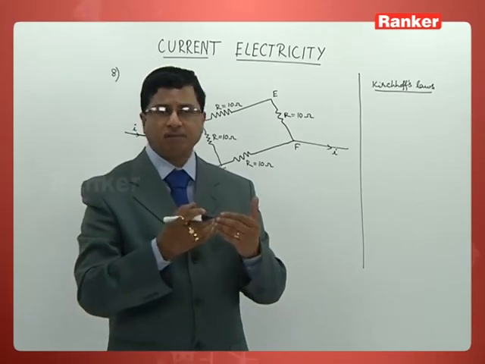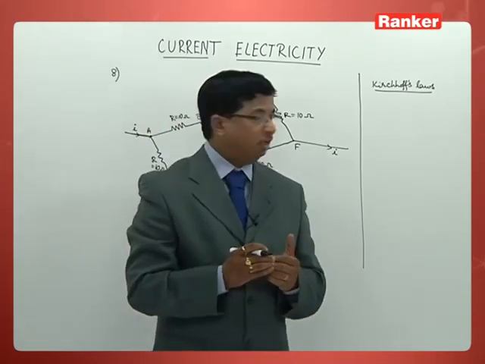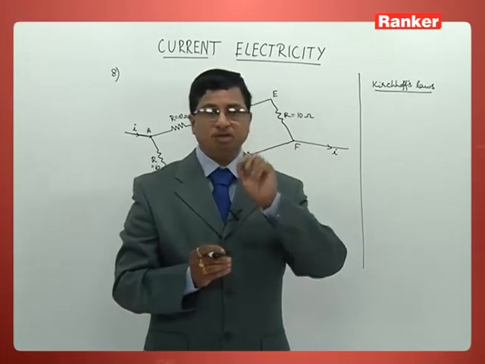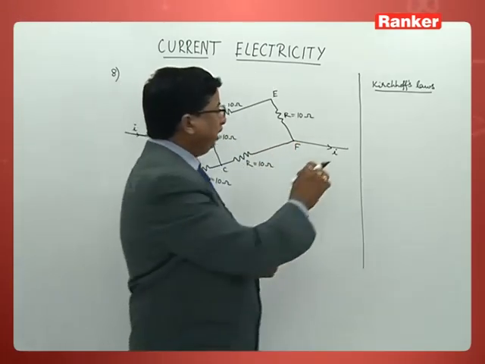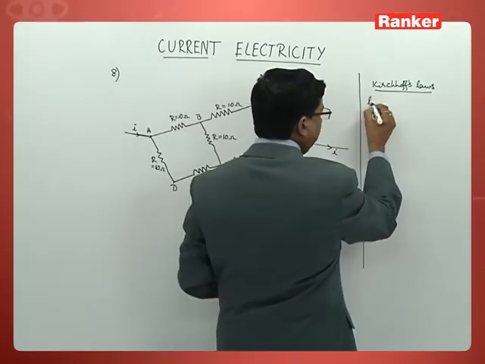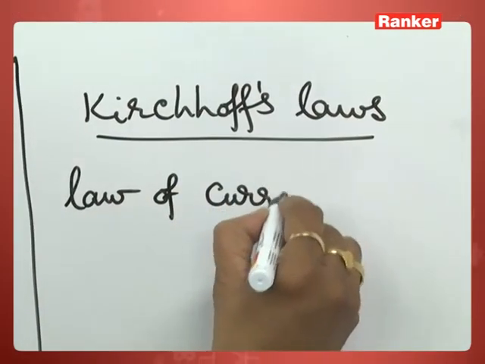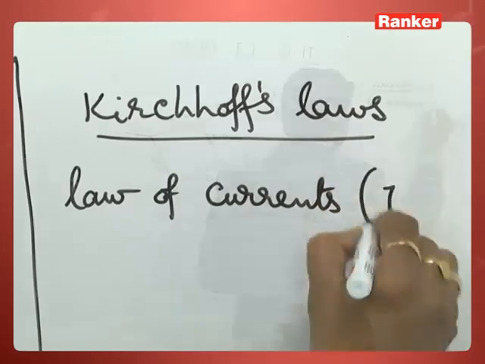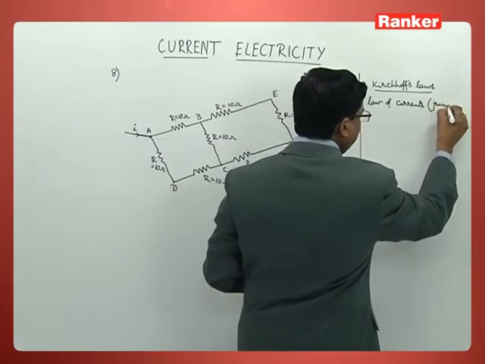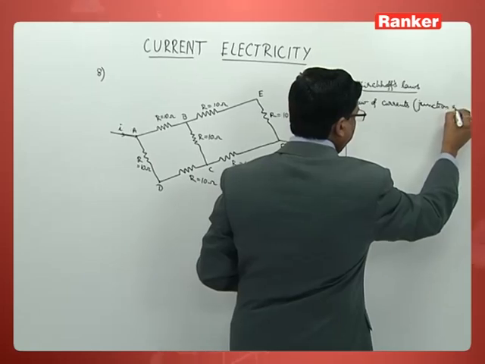In fact, every one of us knows, Kirchhoff has given two statements. The very first statement is called law of currents. You can even call this one the junction rule.